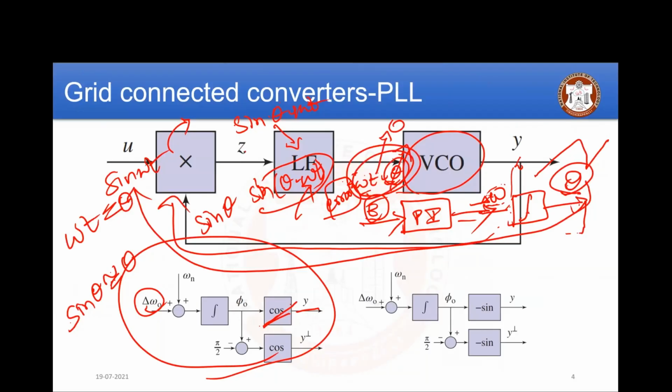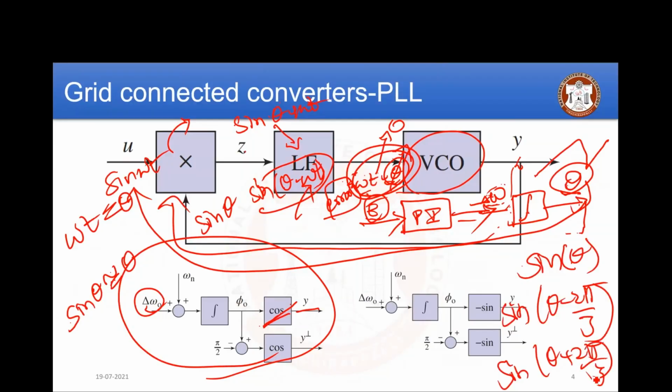That means if you can find theta, it is your PLL output. Once you get theta, you multiply with sine function: sine theta first, the second one sine theta minus 2 pi by 3, and sine theta plus 2 pi by 3.